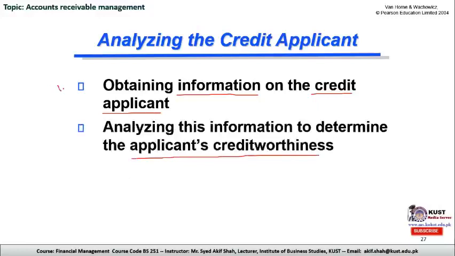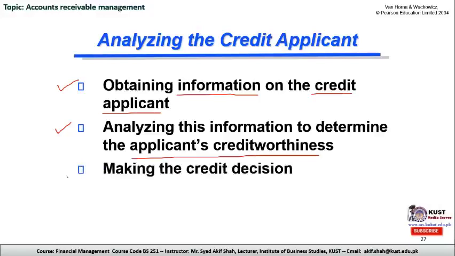So the first step is to collect the important preliminary information. The second step is to use that information for judging the credit worthiness of the credit applicant. Thirdly, either sanction or accept their application, or reject their credit application and not provide them sales on a credit basis. So we have to make the decision.